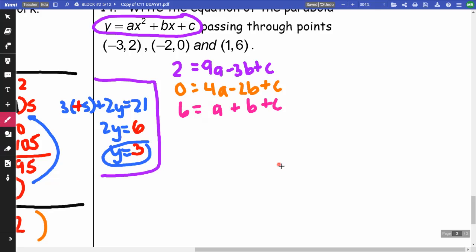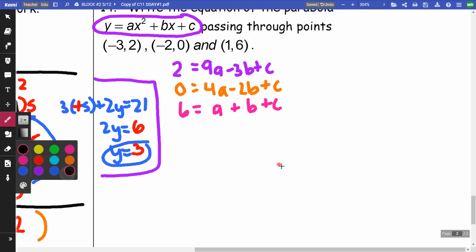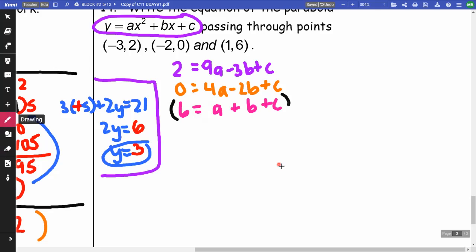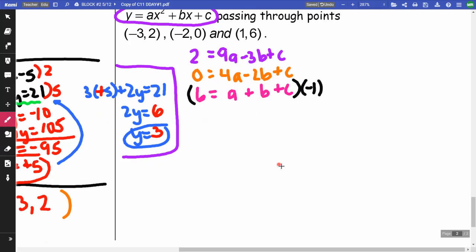And we want to try to eliminate C's from everything. And so I think I'm going to use the bottom equation and multiply the bottom equation by a -1. And so I am going to get for that a -6 is equal to -A minus B minus C. And that I'm going to use with the other two equations.